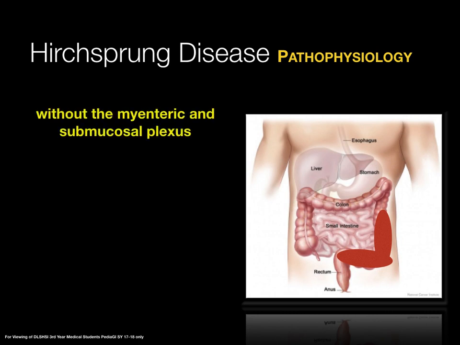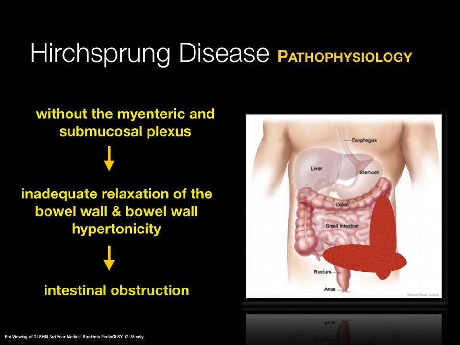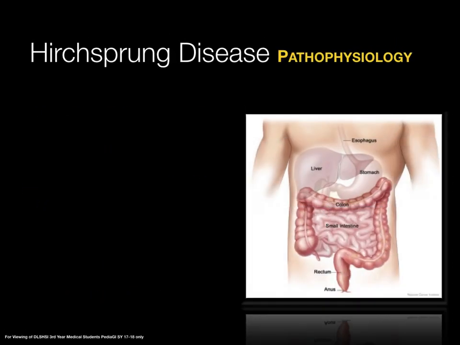So, without the myenteric and the submucosal plexus, there will be inadequate relaxation of the bowel wall and bowel wall hypertonicity, which in turn causes intestinal obstruction. It is usually limited to the rectosigmoid area in about 80%, and 10 to 15% have long segment disease. Rarely, there is total aganglionosis.